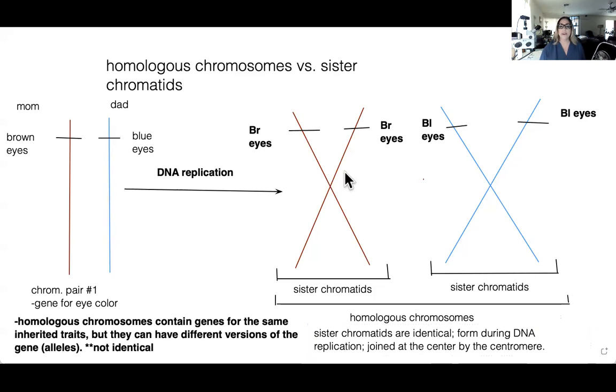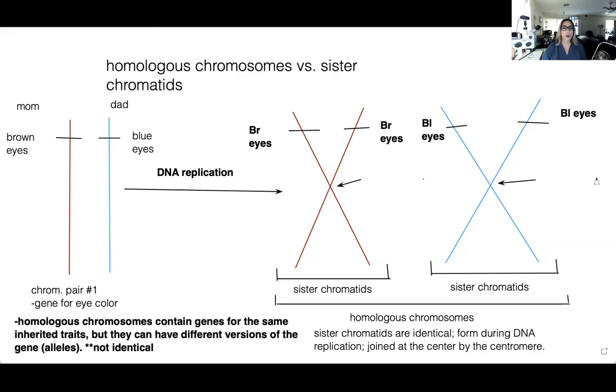Hopefully this is making sense. If you look at my little drawing here, this area in the middle is the centromere. If you are looking at the X formation, it has to be sister chromatids. Homologous chromosomes don't attach to each other. And if there are sister chromatids, that means it is after DNA replication.